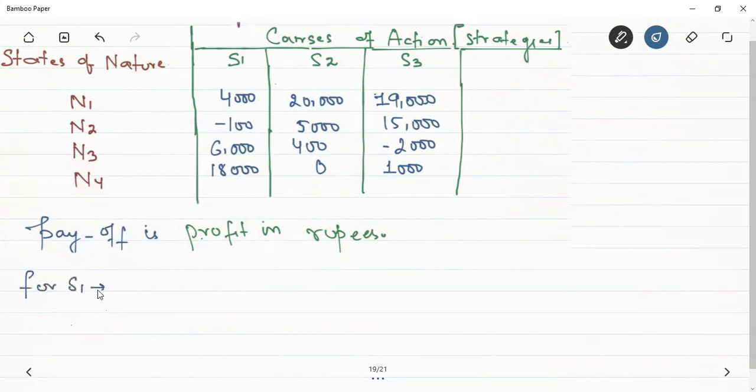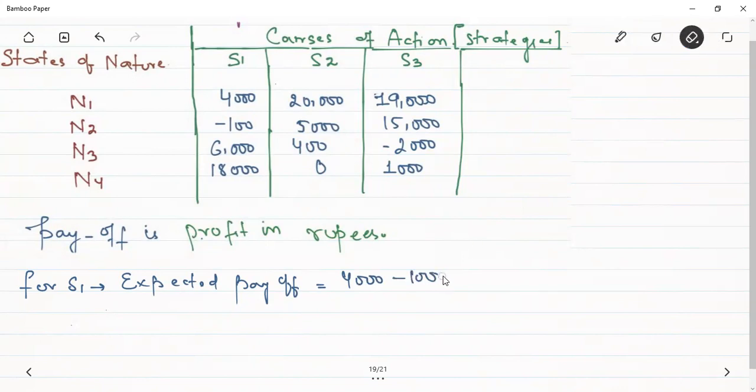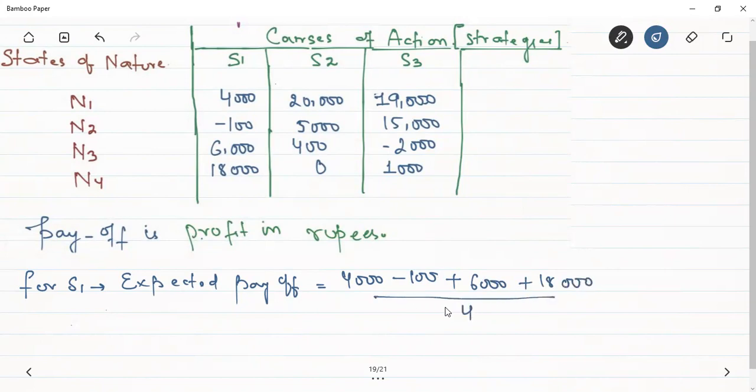For S1, the expected payoff will be equal to 4,000 plus 100, plus 6,000 plus 18,000, divided by 4. Okay, so this is the expected payoff for the first strategy, and that will be equal to rupees 6,975.